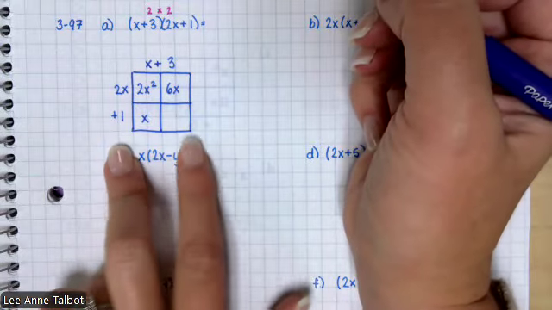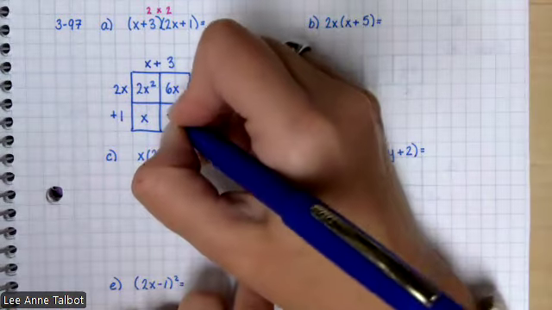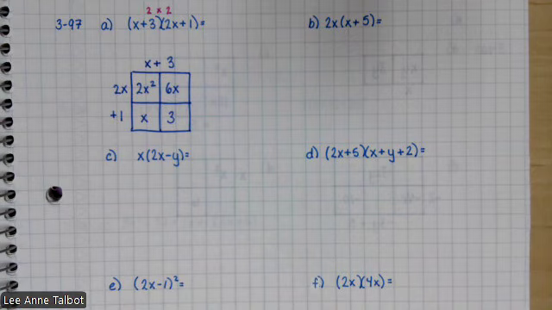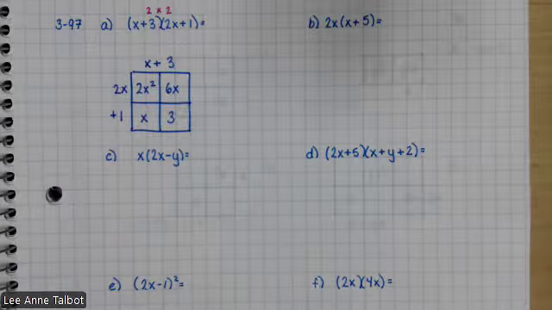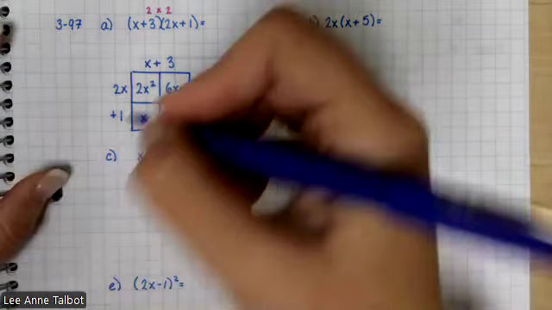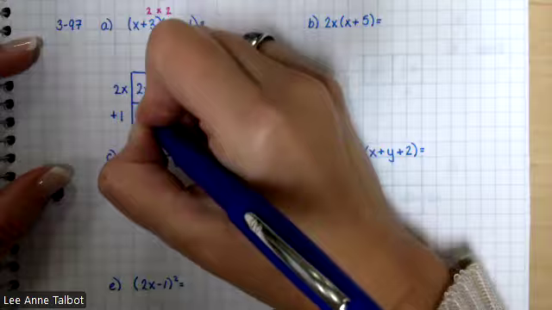It's the same thing. And 1 times 3 is 3. Is everybody good so far? Are you sure? Okay. Now identify like terms and circle them.